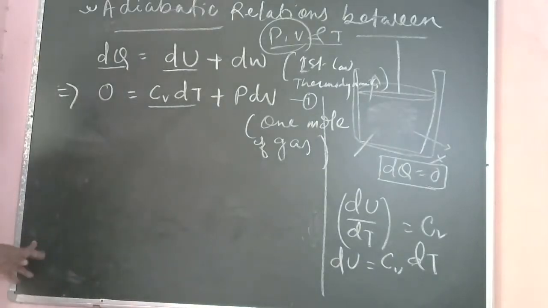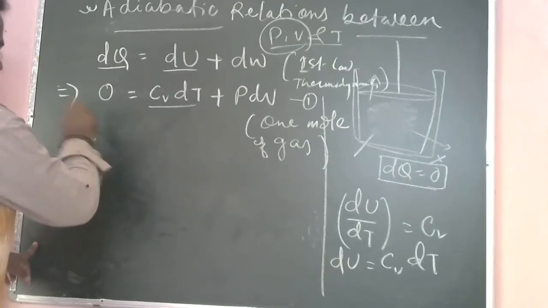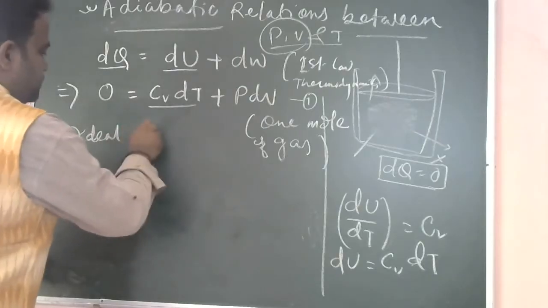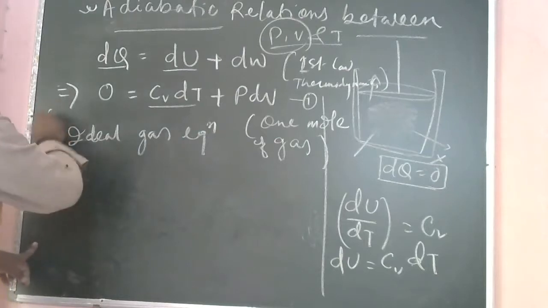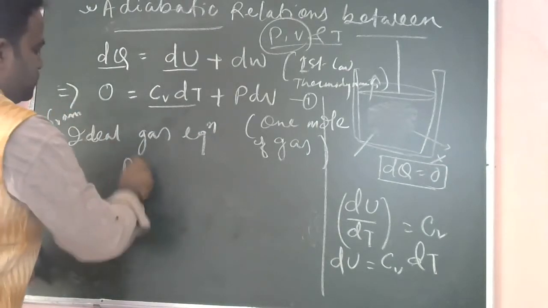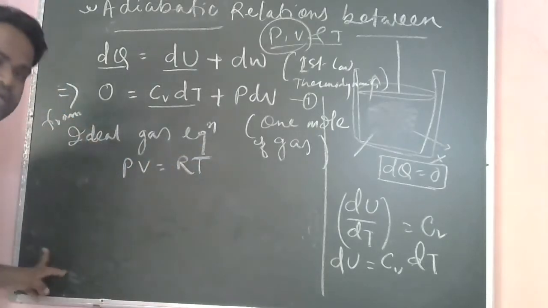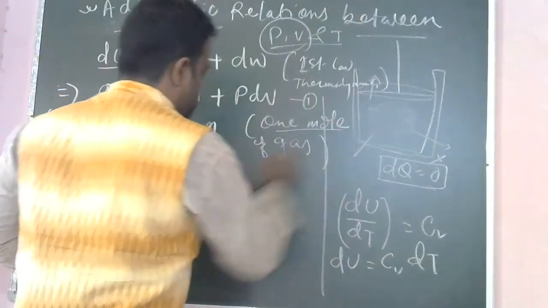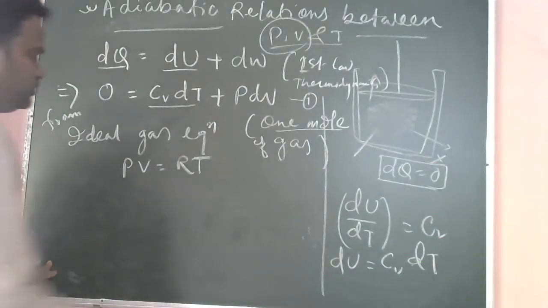Now from the ideal gas equation of 1 mole, you can write that PV is equal to RT. It is nRT, the number of moles is there of course, but here we are discussing 1 mole, so I can write PV is equal to RT.